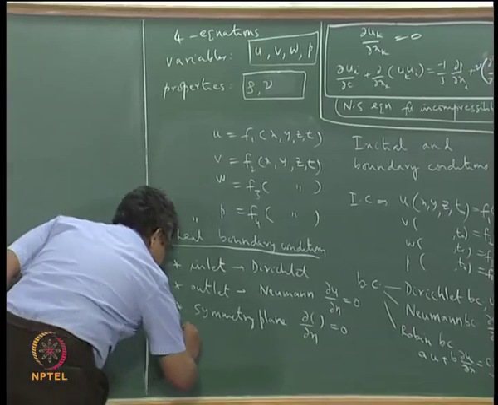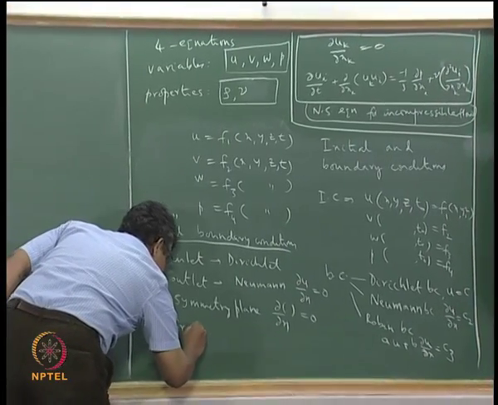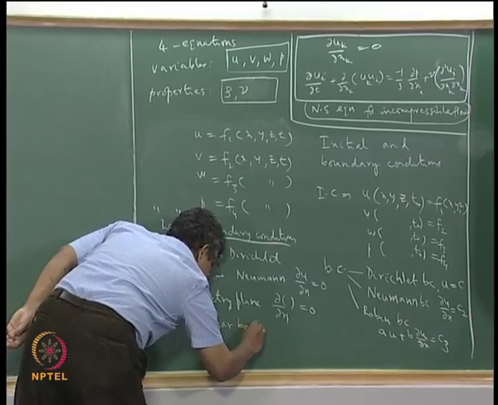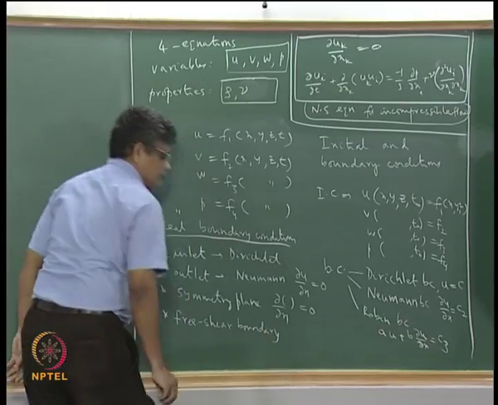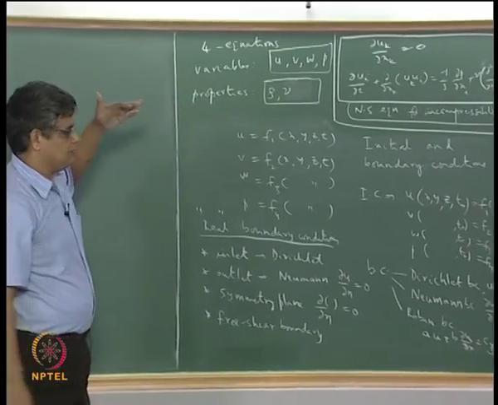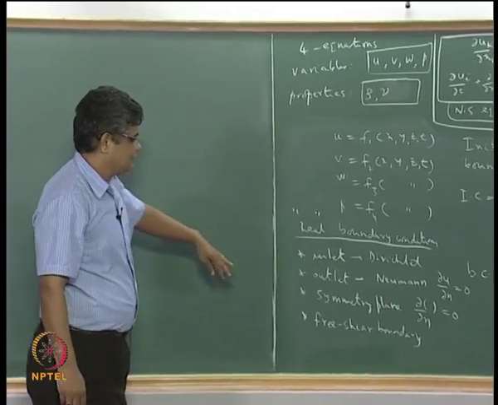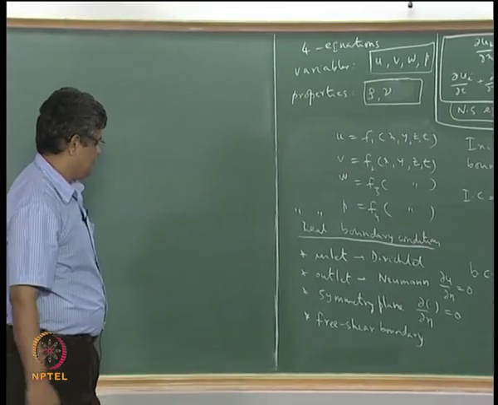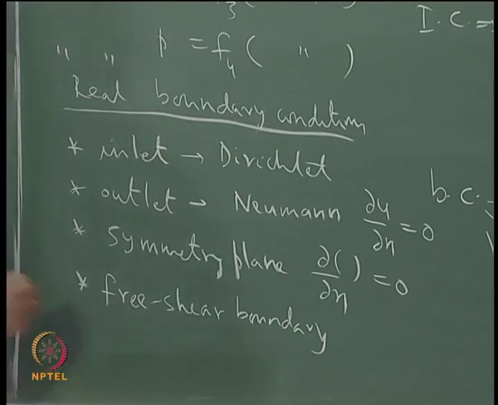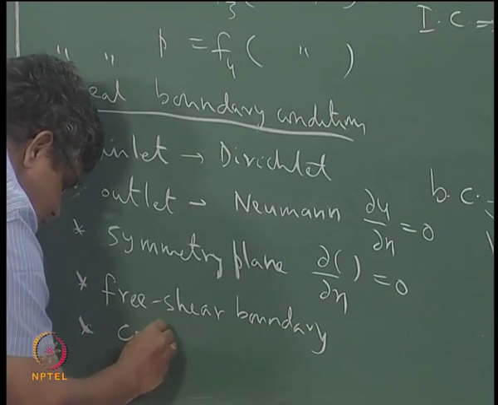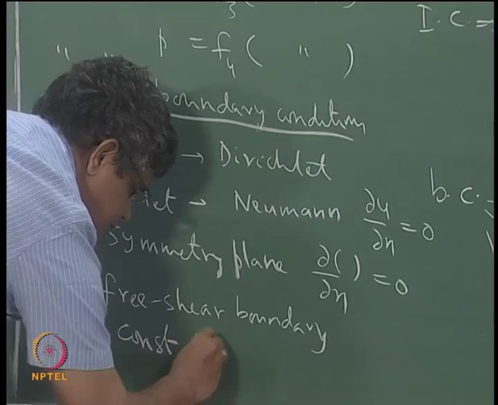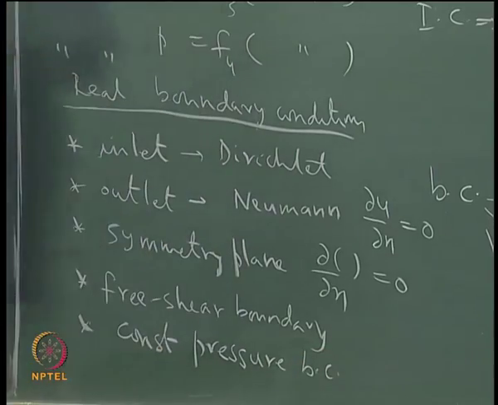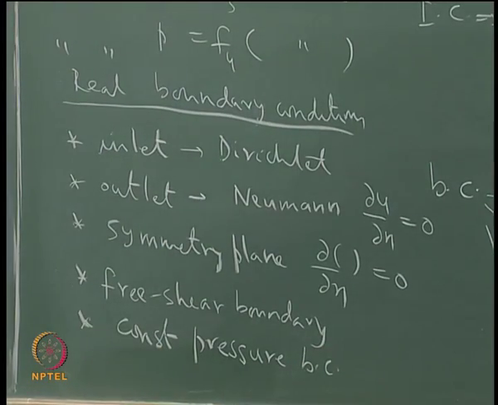We can also have free shear boundaries, for example on the top surface you can have a shear free boundary, which again implies something like a Neumann boundary condition, and we can also have a constant pressure boundary condition.